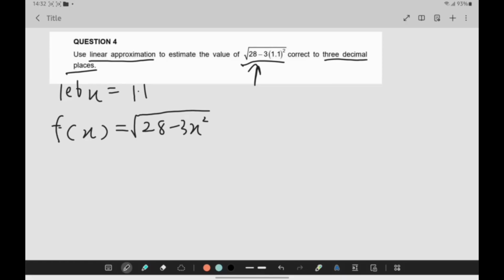After you got the function, you want to find x0. x0 is the nearest integer to x. In this case, it will be 1. After you find x and x0, now you find delta. Delta is x minus x0, which is 0.1.